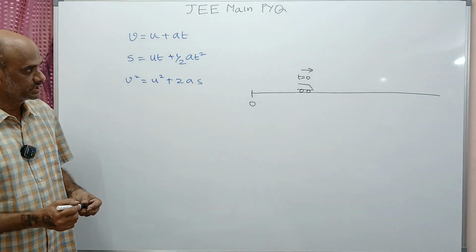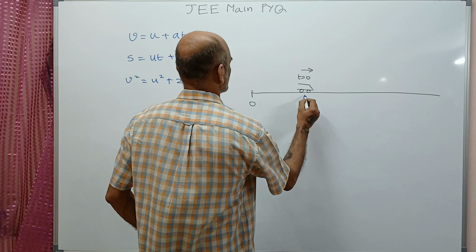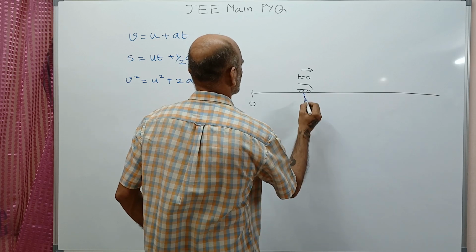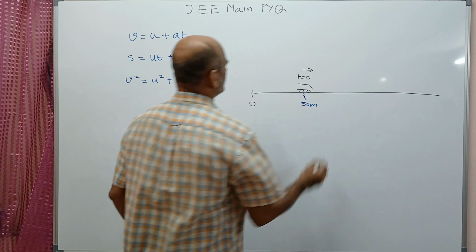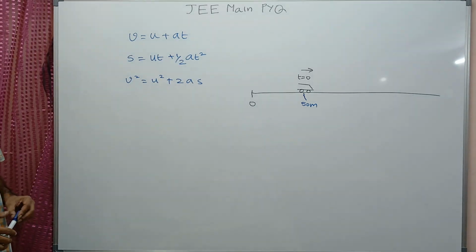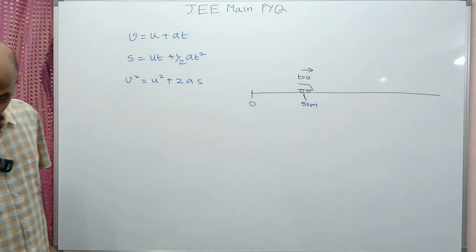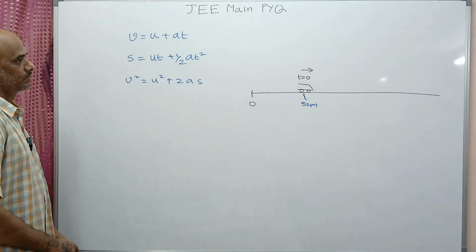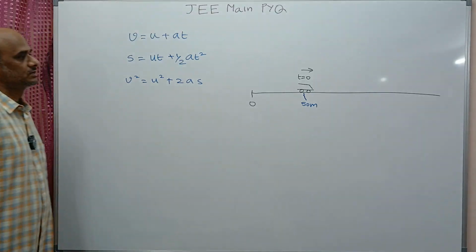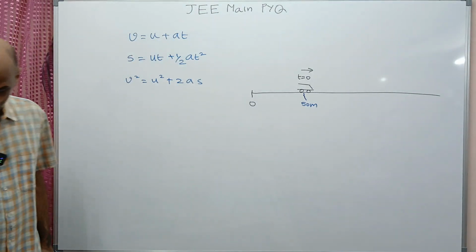And let the distance of the initial position of the car be 50 meters. So in this second equation of motion, if we put t equal to 0, I'll get s as 0. But according to this situation, s should come out as 50 meters.